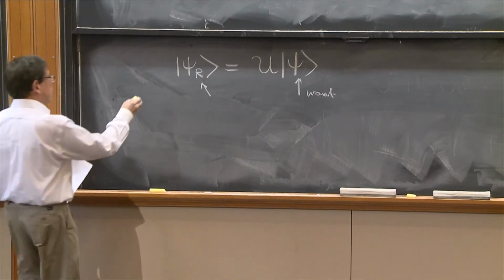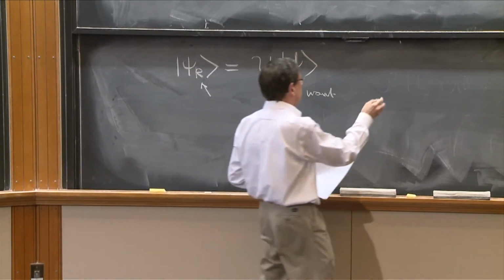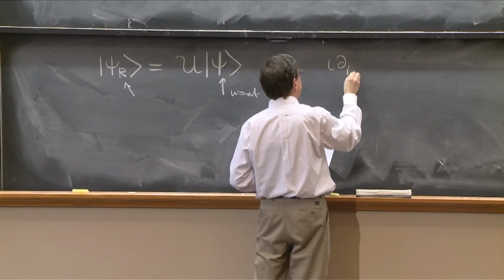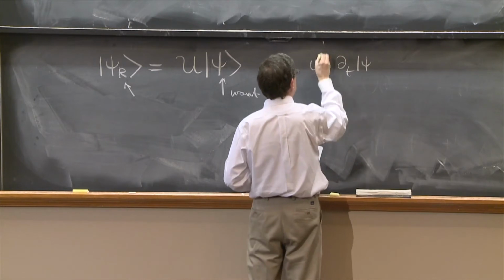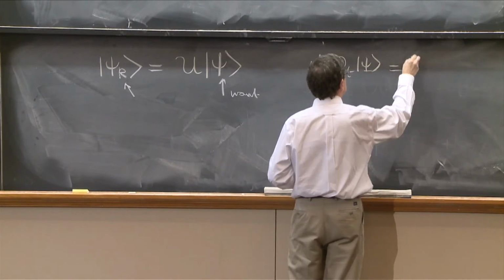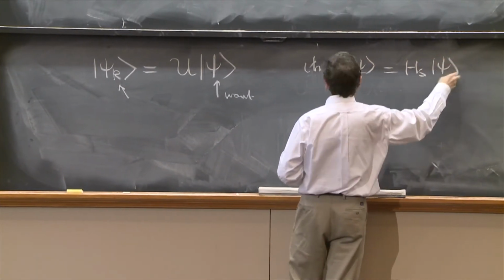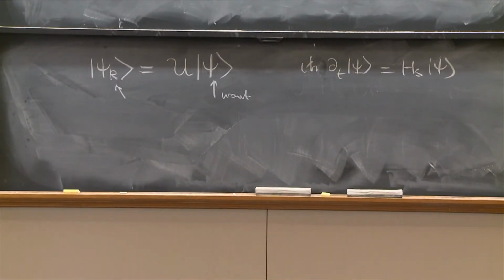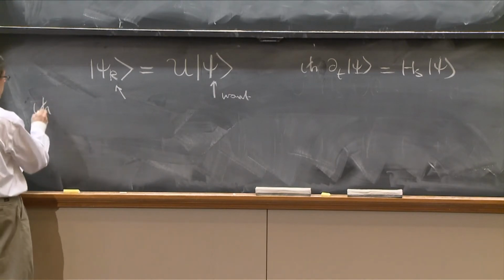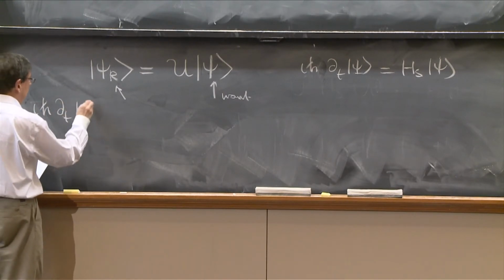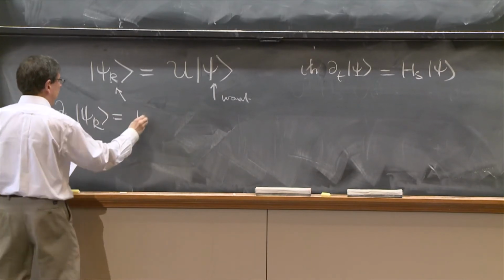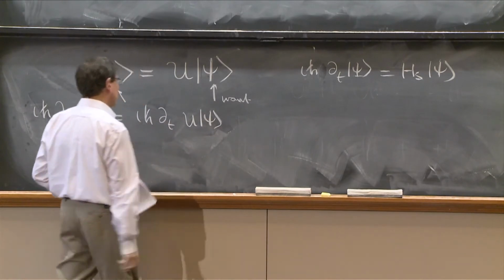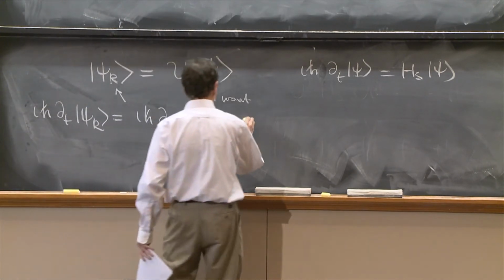So let's try to figure out what is the Schrödinger equation for psi R if you know the Schrödinger equation for psi. So i h bar d/dt psi is equal to Hs psi. Let's see what is the Schrödinger equation satisfied by this one. So i h bar d/dt of psi R is i h bar d/dt of U psi. So let's differentiate this.